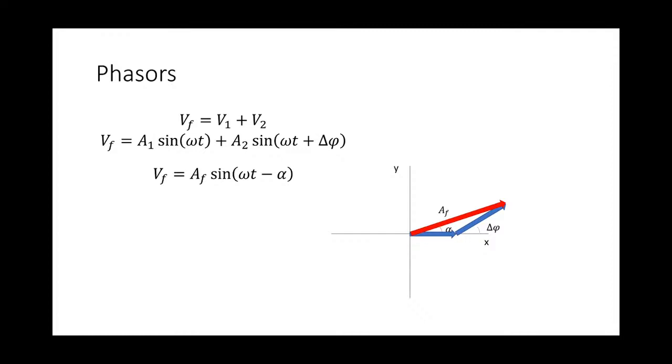And then we can look at the overall sum of the vectors. And if you look at the y projection of that sum vector, it will give you the sum of those two sinusoidals.